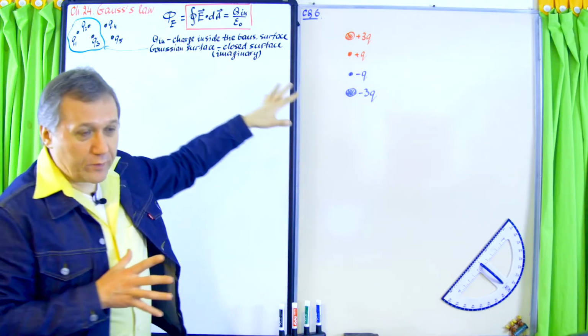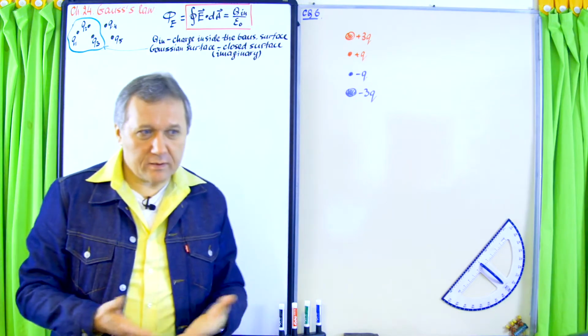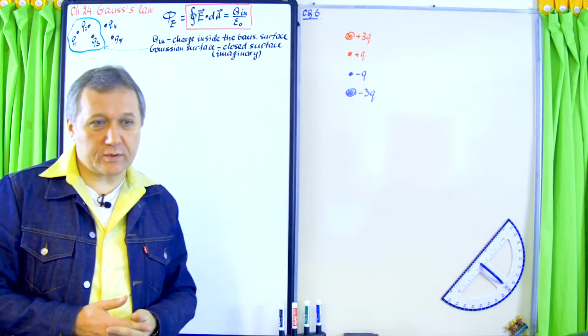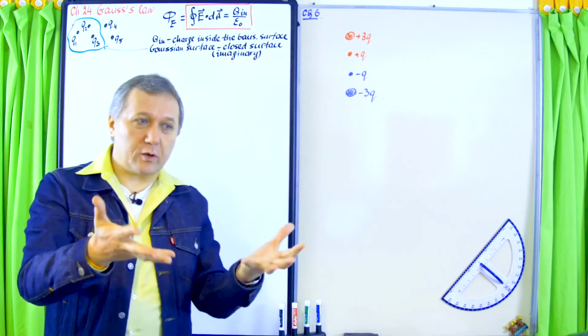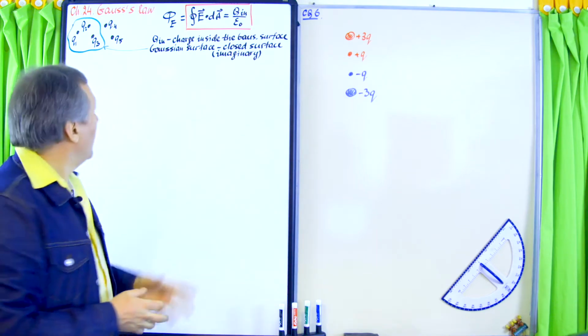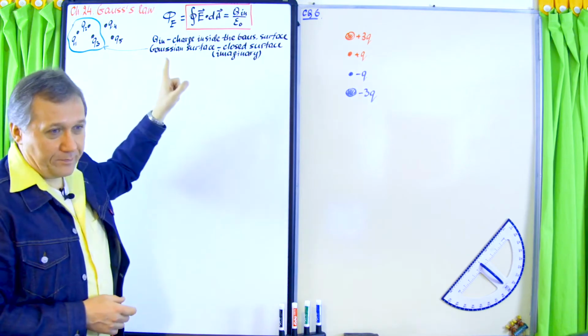The Gaussian surface is a purely imaginary concept. It doesn't mean that there must be some surface over there. You just decide by yourself: this is my Gaussian surface and I'm going to use it in my Gauss's law. The distribution of charges doesn't matter.